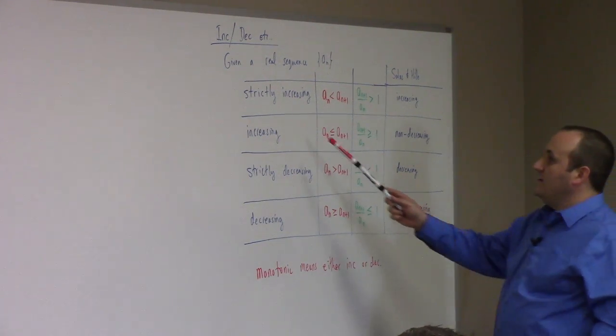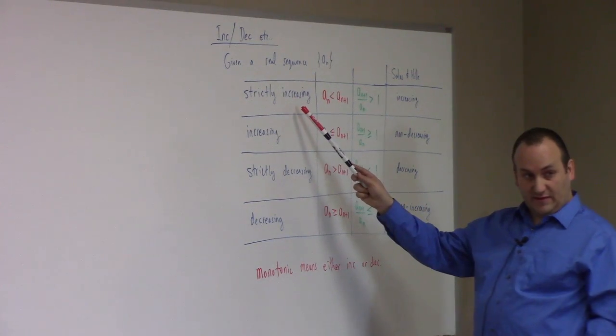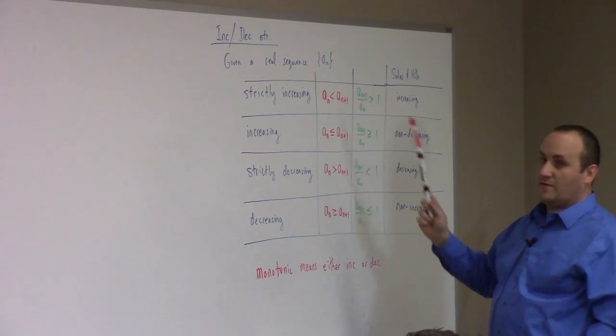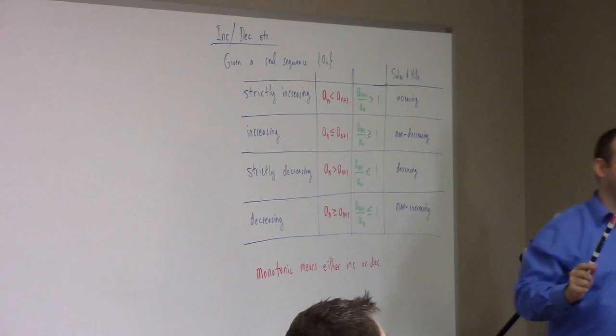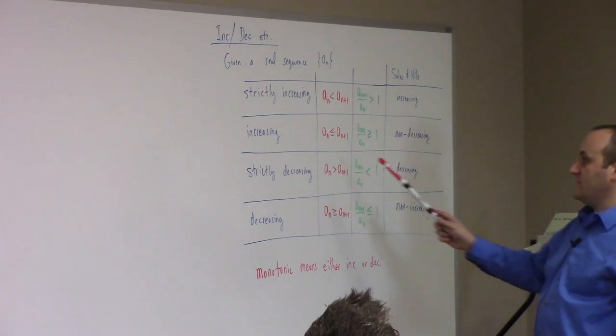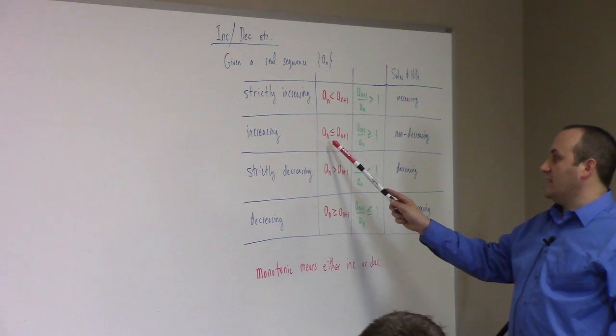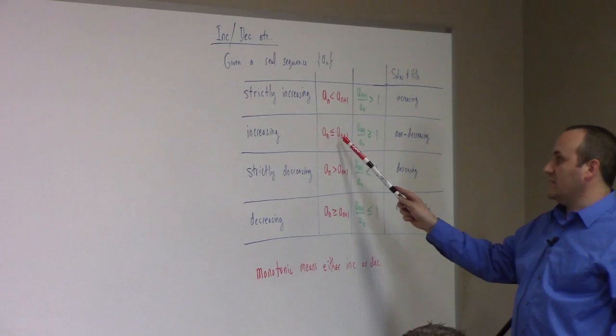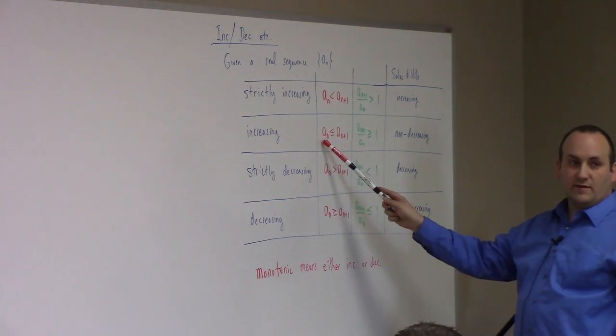So what I'm going to say is that strictly increasing means that the terms are getting larger, and they're not equal, going from one to the next. Strictly increasing. Now, increasing, on the other hand, means just that the terms are getting larger, but they could be equal, going from one to the next.